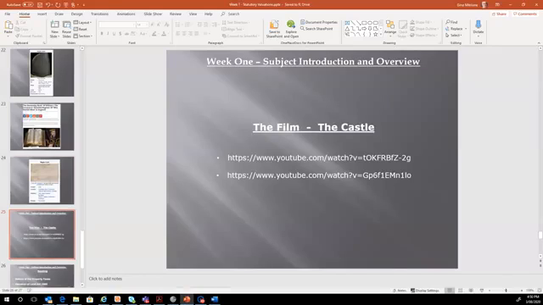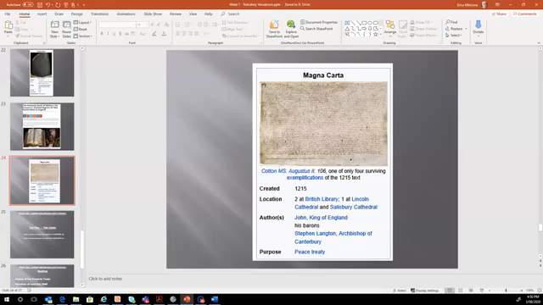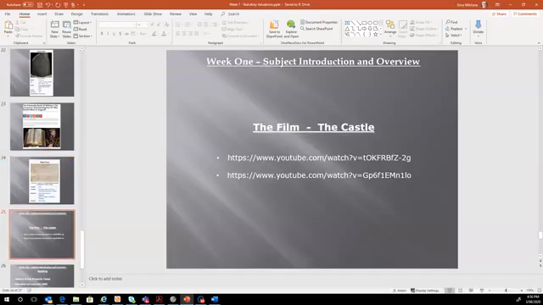So have a look through the subject reader, which has this information in a bit more detail, and we can have a discussion about that in the tutorial if you have any questions in relation to the information.